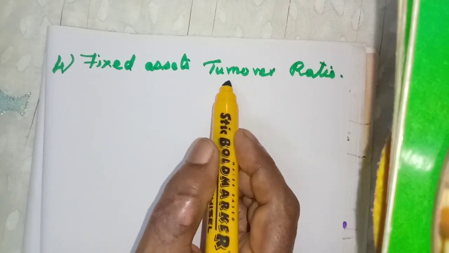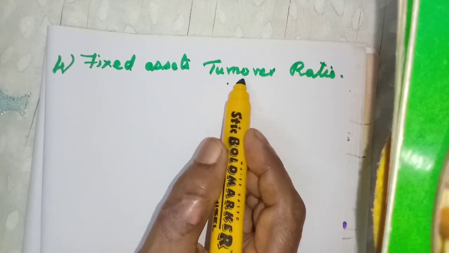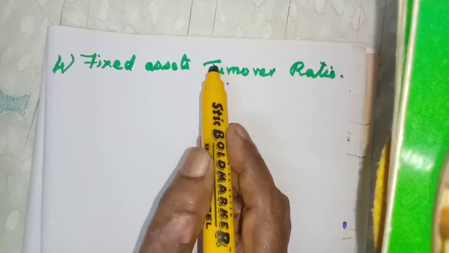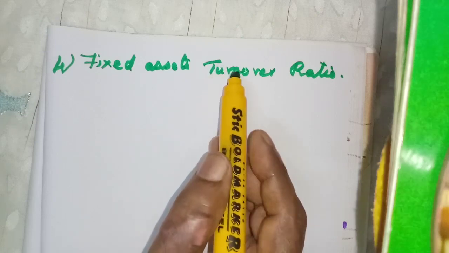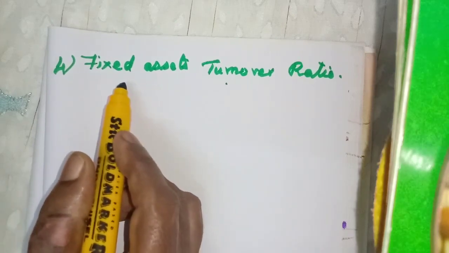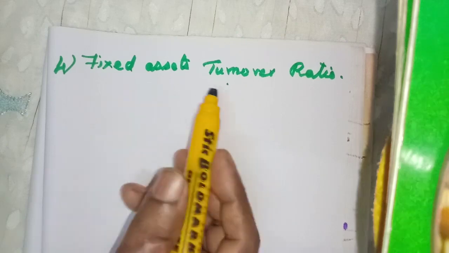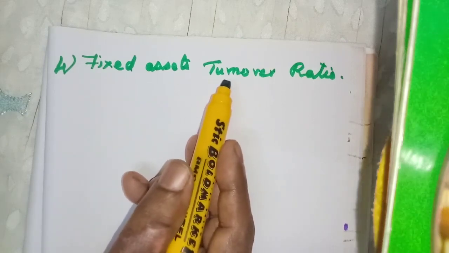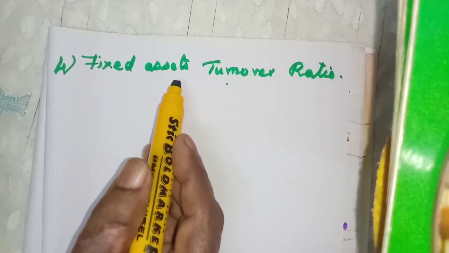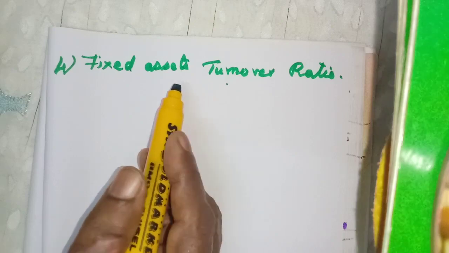Turnover means the revenue from operation, that means the sales. Many names are given: turnover, sales, and revenue from operation. All these mean sales only. So how much fixed assets are used to make the revenue from operation, to make the sales. Otherwise, how many times the fixed assets have been turned over to make the revenue from operation.